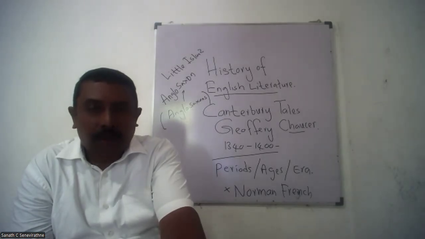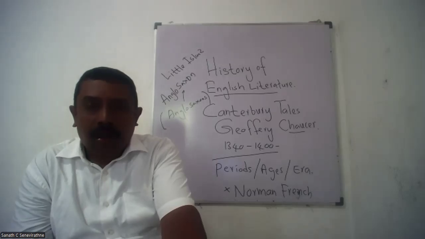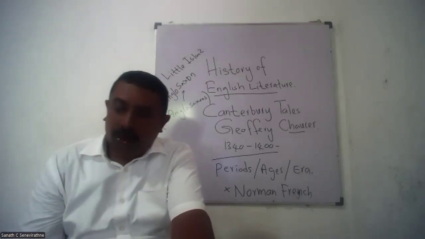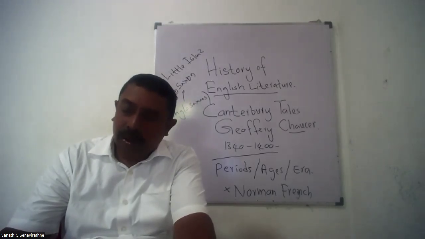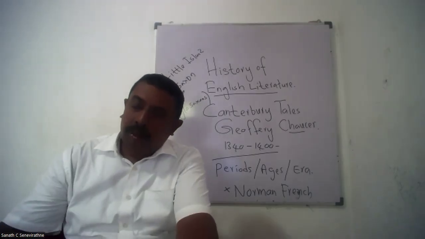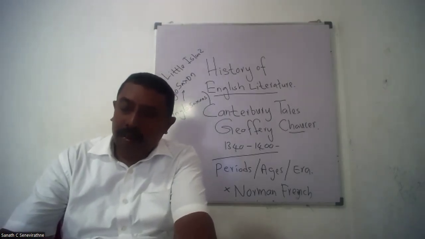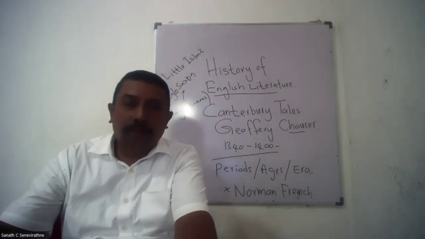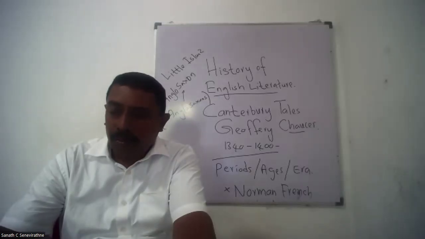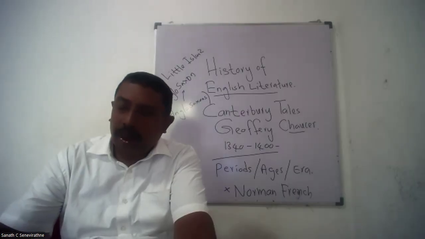Right. English literature was first made in England in the 14th century.